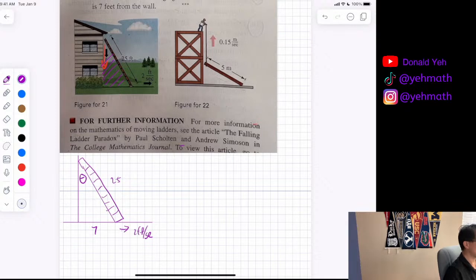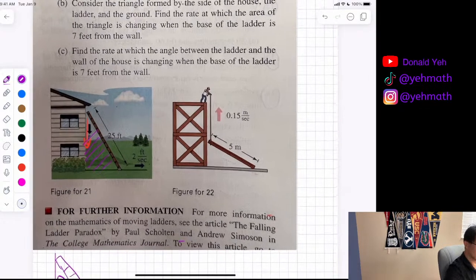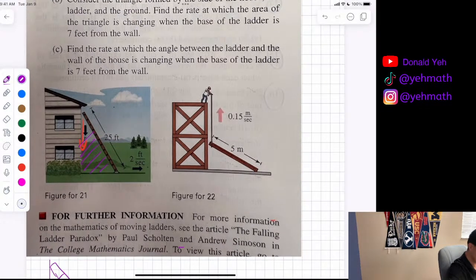Hopefully your answer is positive. If your answer is negative, it means you did something wrong. Now I'm going to talk about this phrase right here. They say how fast the angle is changing. That just means d theta dt.